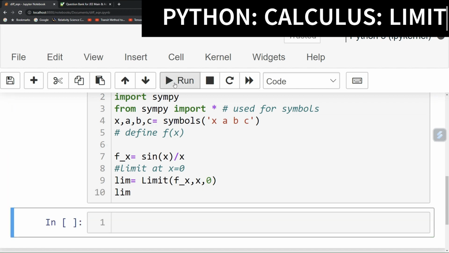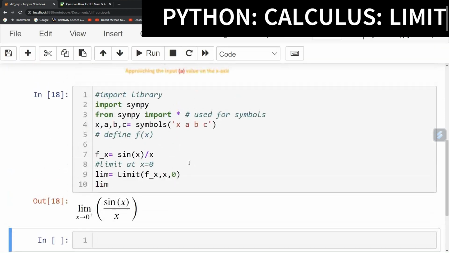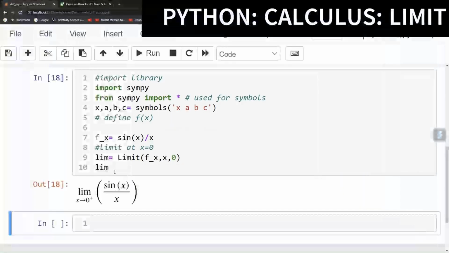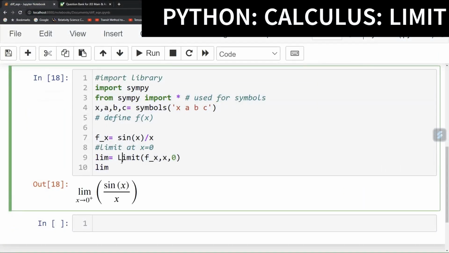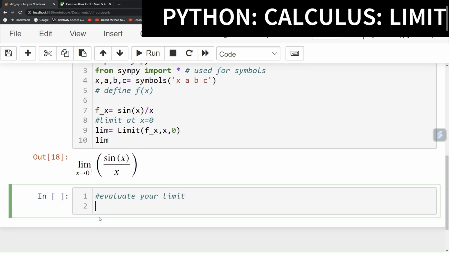Okay, so here is your limit, and this limit you are going to evaluate using the Sympy package. For that, type limit dot doit, and it will return the value.